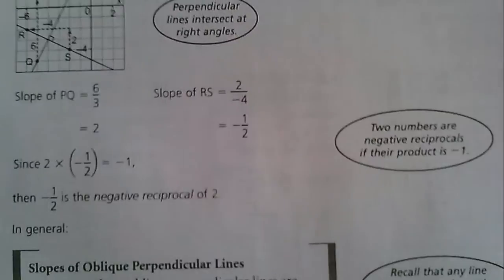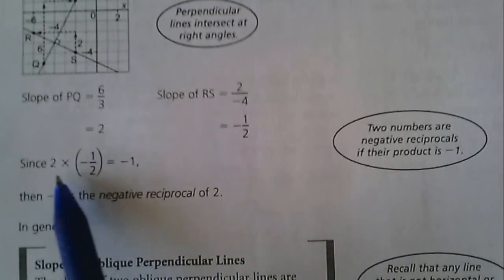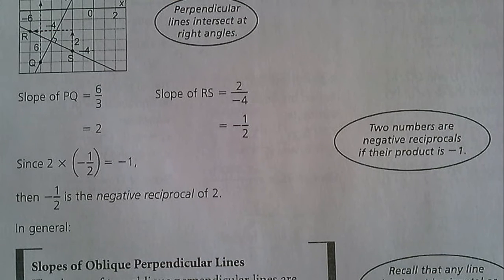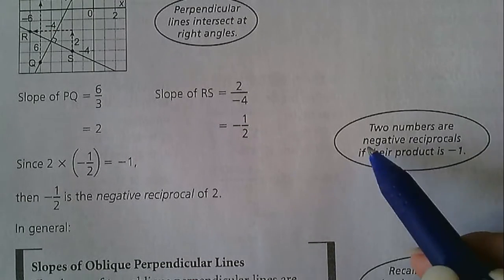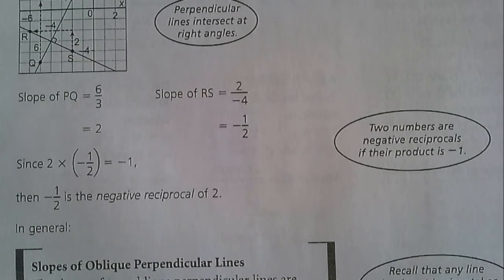So these two numbers here, 2 and -1/2, these are something called negative reciprocals. We've looked at reciprocals before. Now these ones are called negative reciprocals because one of them has to be negative and one of them has to be positive. And when we multiply those two reciprocals together, instead of getting a positive one like we normally would, we're going to get a negative one.